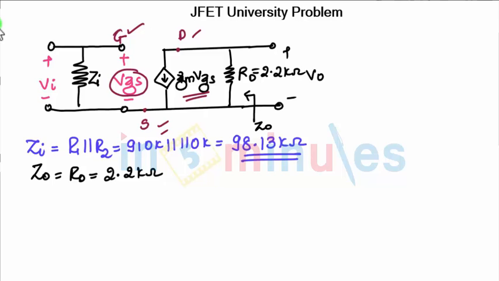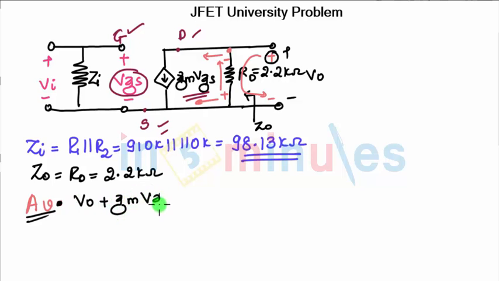Now the last point is to find voltage gain AV. When you apply KVL in this part, see GM VGS is flowing in this direction and we are applying KVL in this direction, so positive, negative. So you can say we are leaving with positive sign over here, so VO plus GM VGS into RD equals 0.